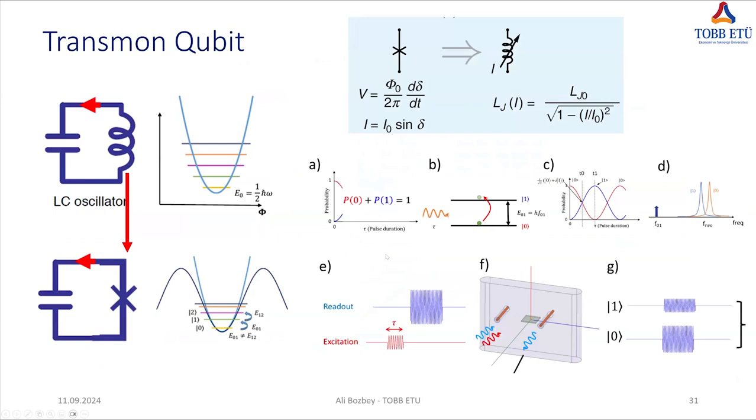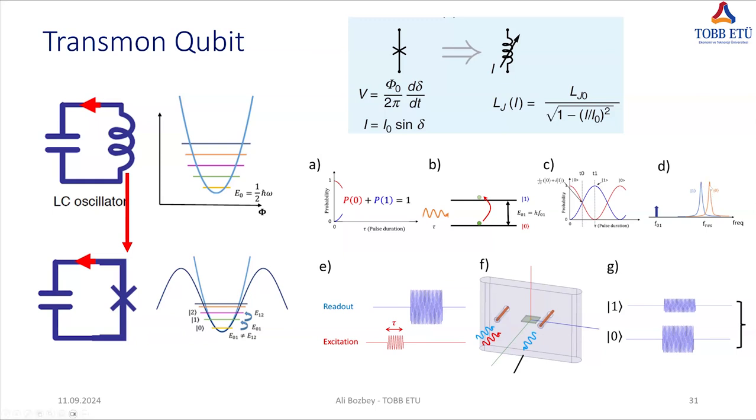So in the previous slides, I told that Josephson junctions are good candidates for making macro-scale artificial atoms. This is enabled by this nonlinearity and anharmonic oscillator effect. And in the case of measurement side, 0 state corresponds to one frequency and 1 state corresponds to another frequency.